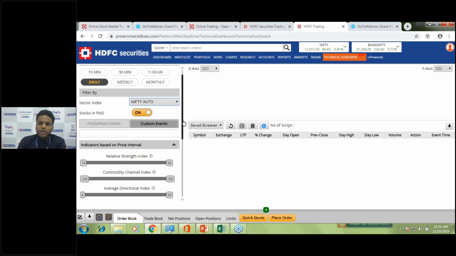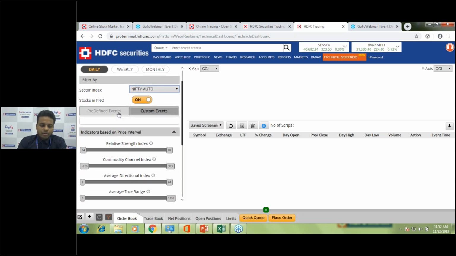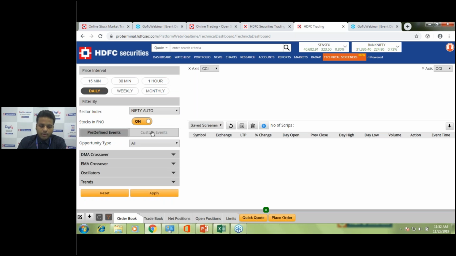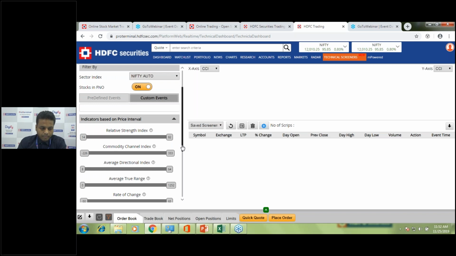So if there is a particular news in, let's say, the auto sector, and you want to take a buy call in a particular stock from the auto sector only, then you can select an index from auto or any other sector. This time we are not going with a predefined event, we will go with the custom event. And in custom event, we will select any indicator.